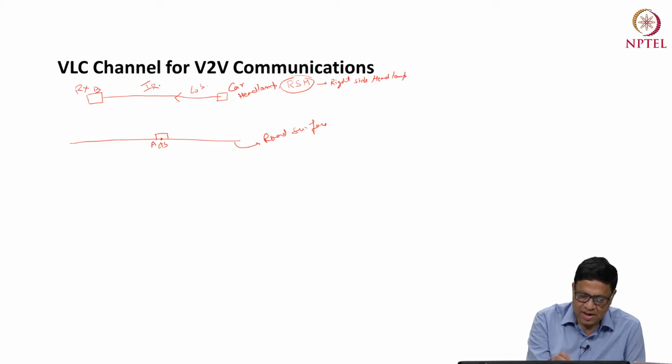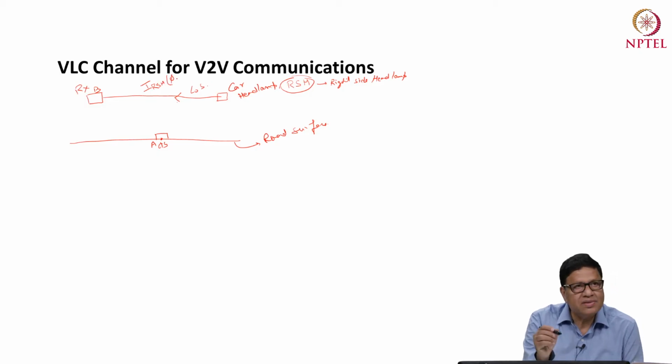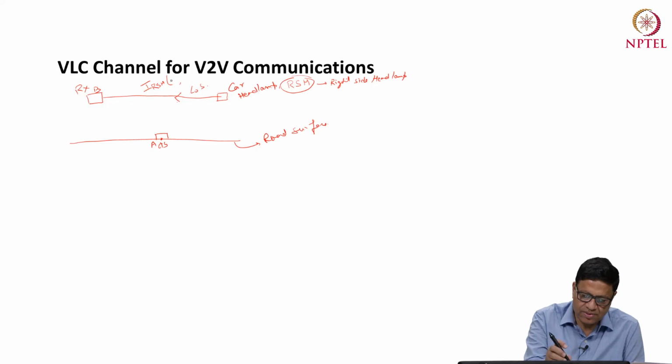So this will be I RSH, and this is a function of two angles, which are the horizontal and vertical angles with respect to the axis of the car lamp. I call them, let us see, theta 3 and theta 4.